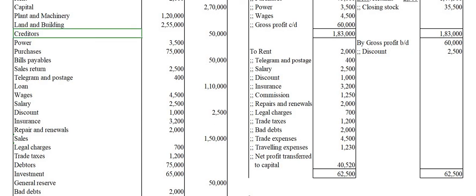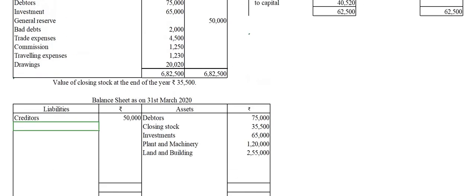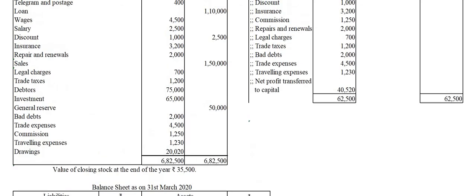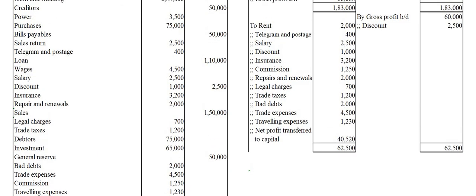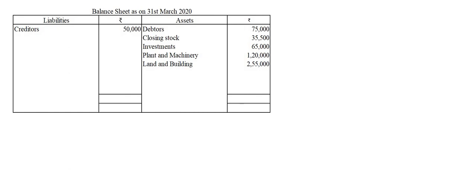In that, the first item is creditors. Creditors can be written. Creditors how much? 50,000. So creditors we are writing here, 50,000. Now the next item is, yes, here it is given bills payable. So that bills payable we can write after sundry creditors.